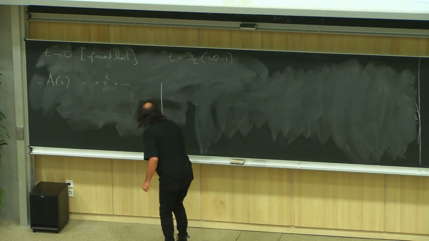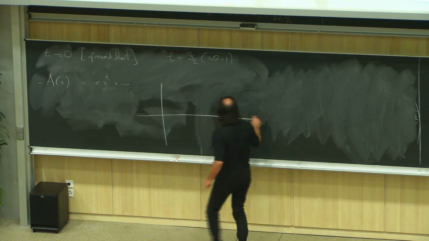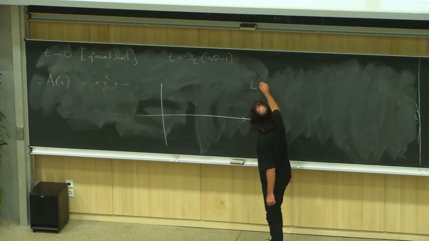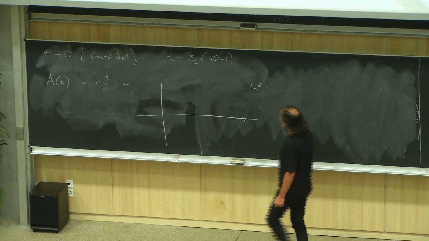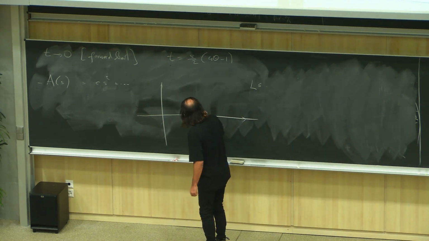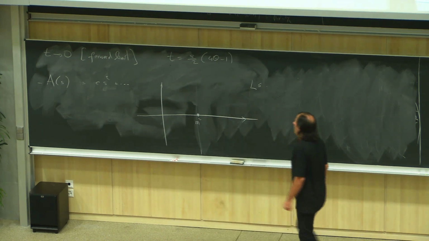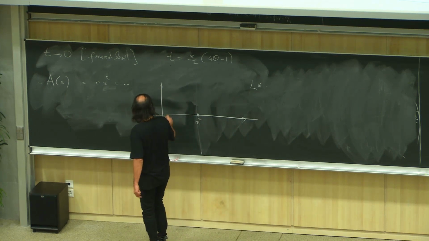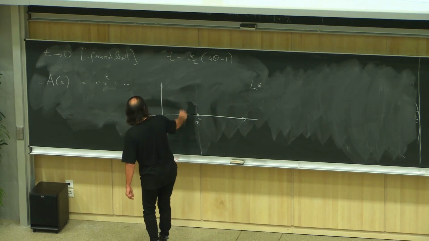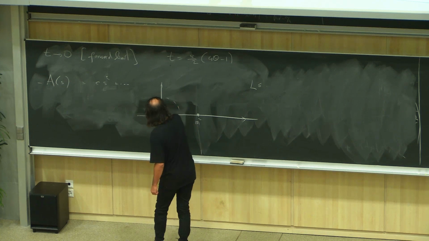So let's go back to our previous example. If I think about what's going on in the complex s-plane, the amplitude had a pole at s equals m squared. Apart from that, that was its only singularity, and down here it was just a polynomial.